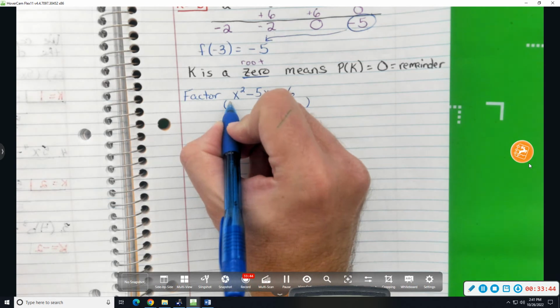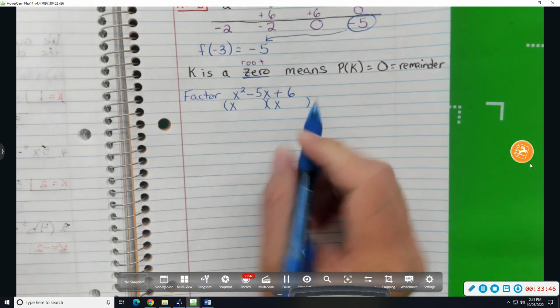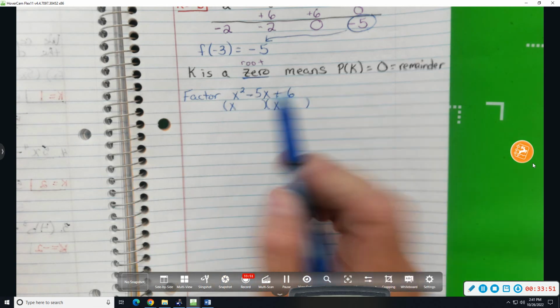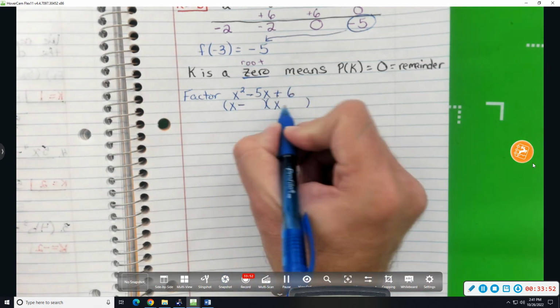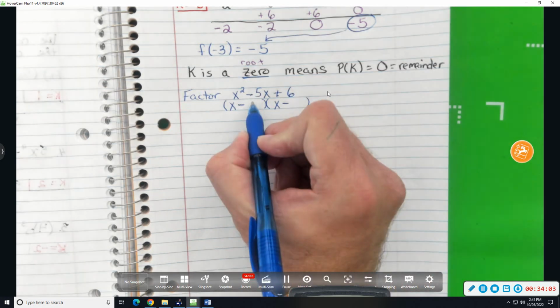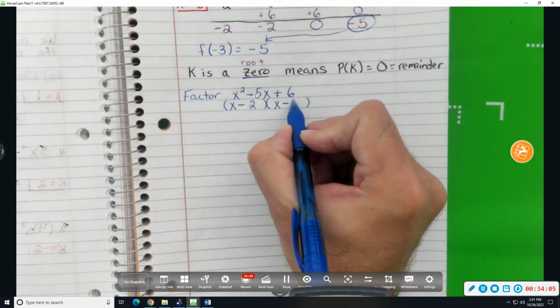You'd go x and x. Second sign is plus, so 2 of the first. For 6, you could have 1 times 6 or 2 times 3? Which one would you use? 2 times 3 to get that minus 5x there.